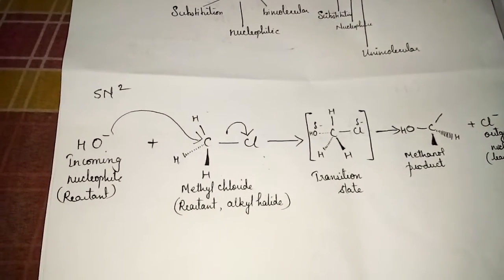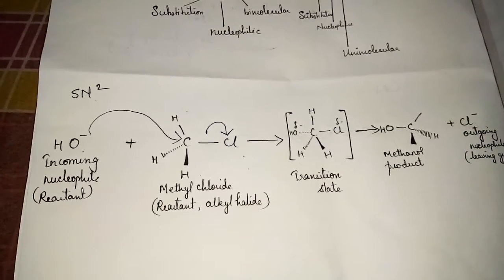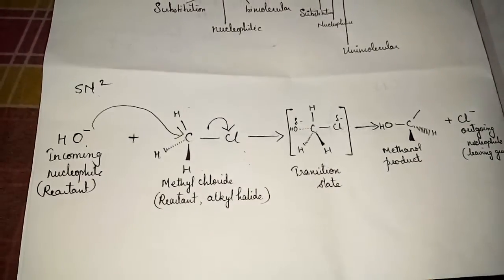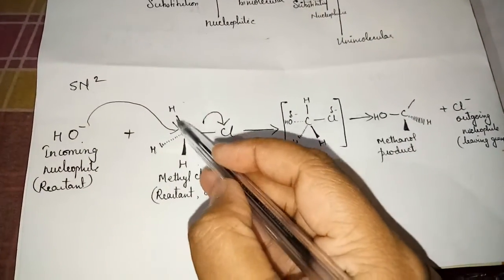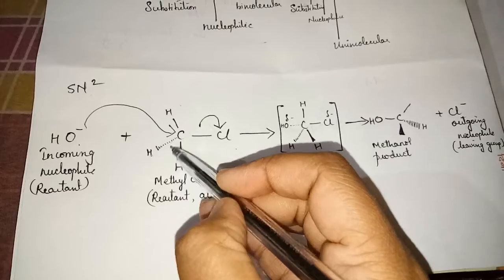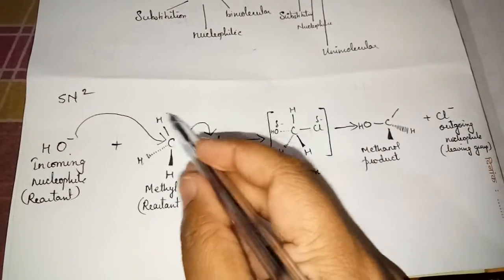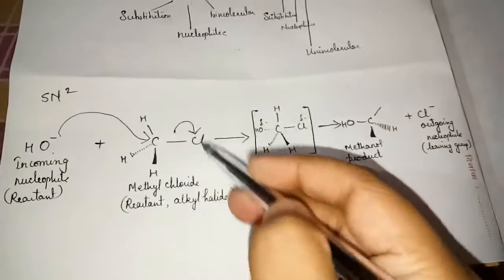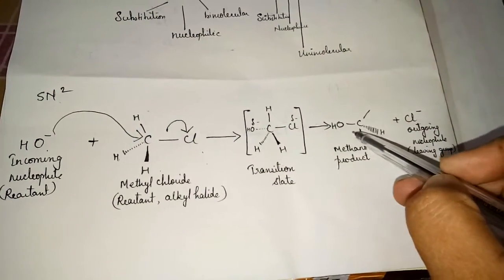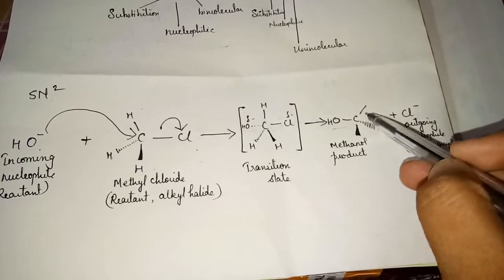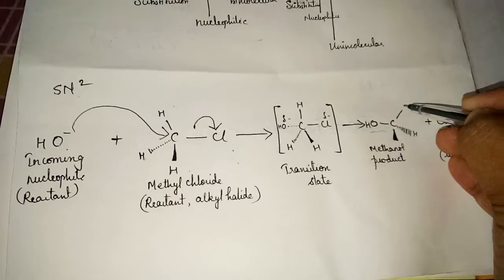So SN2 reactions are always accompanied by inversion. Inversion means, you can see, if you consider this as your hand and these are the spokes of the umbrella, you are holding your hand and the umbrella here. After the reaction gets completed, you will see this is representing your hand and this is representing the spokes of the umbrella.